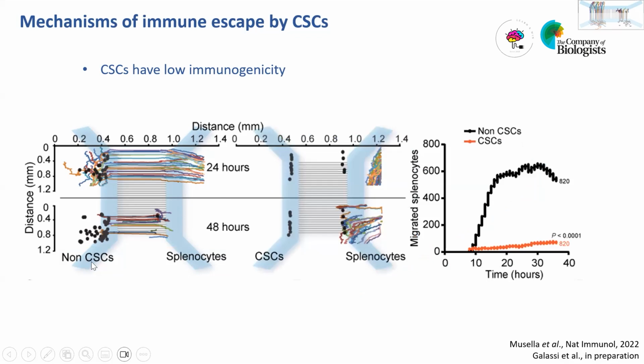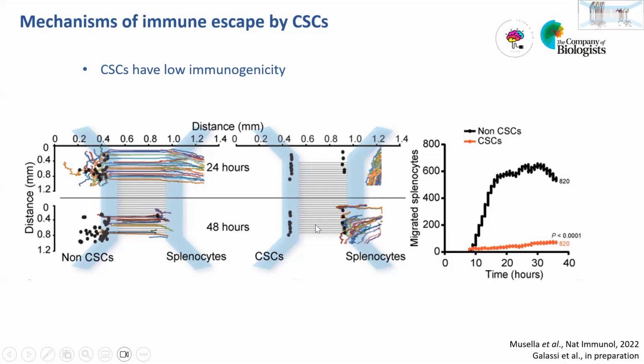In this specific experiment, we isolated non-cancer stem cells and cancer stem cells fractions from murine models, and as you can see, cancer stem cells attract immune cells very inefficiently.